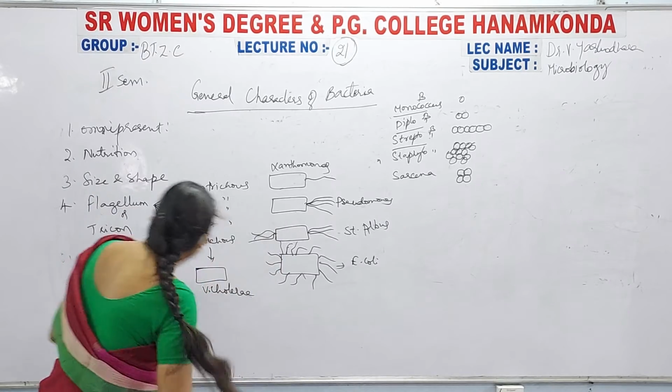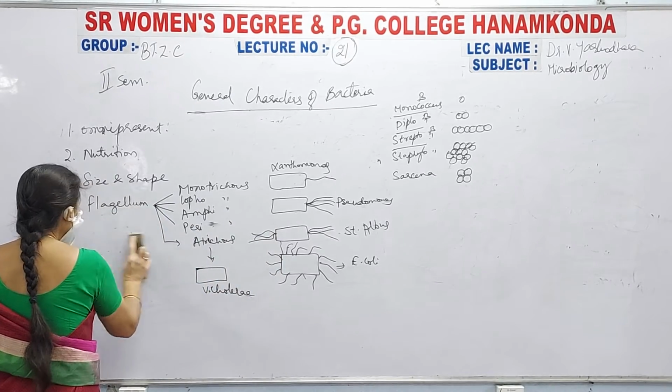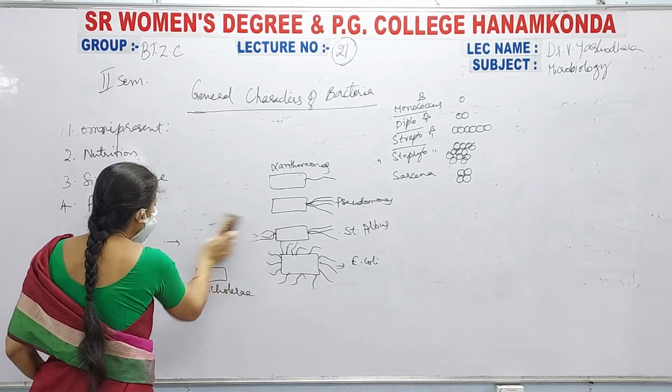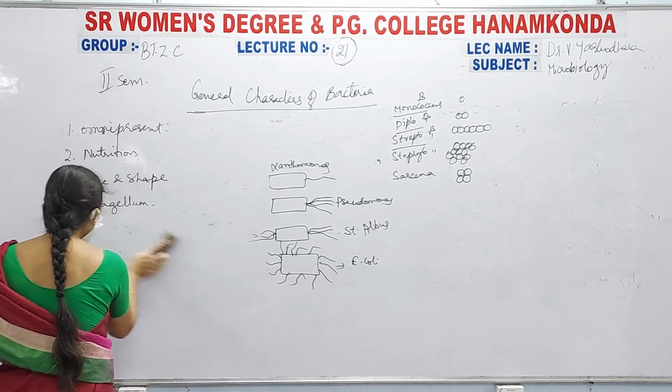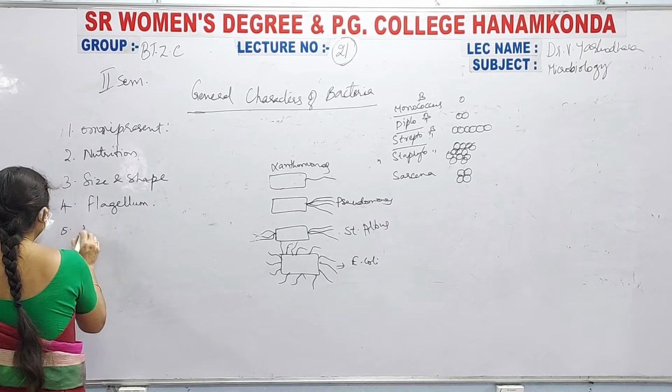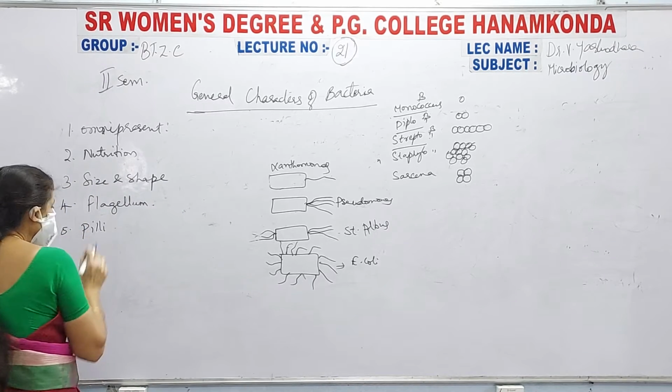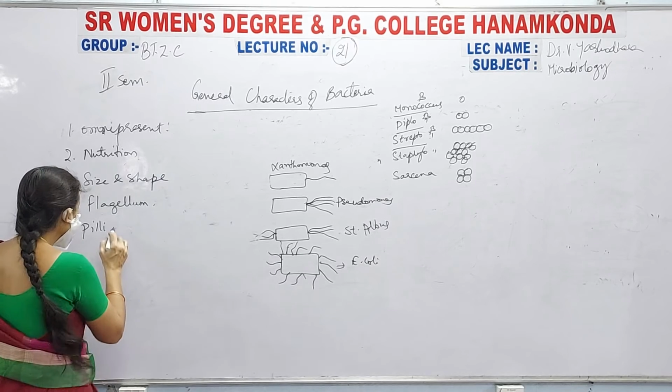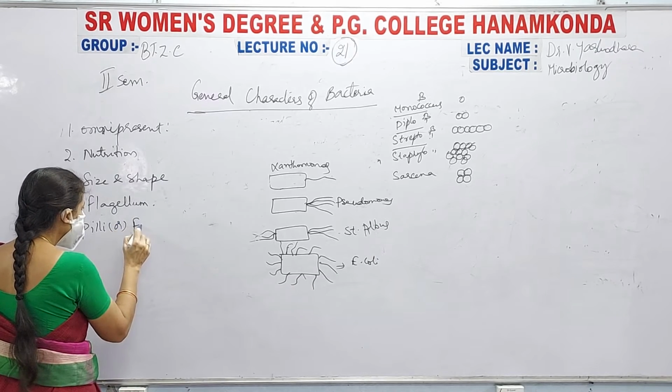Now, coming to the next appendage, that is the pilus. Pili can also be called fimbriae.